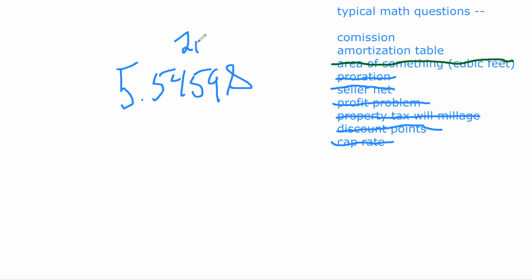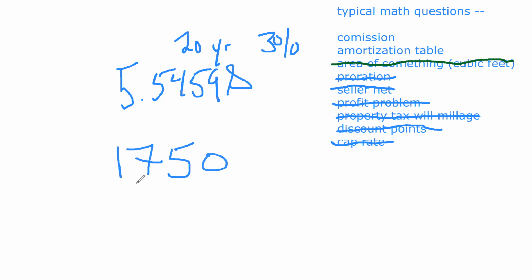Okay, there we go. So the number that I was mentioning was 5.54598, and that was a 20-year at 3%. I want you to tell me what is the most that I could afford if my monthly budget is $1,750.